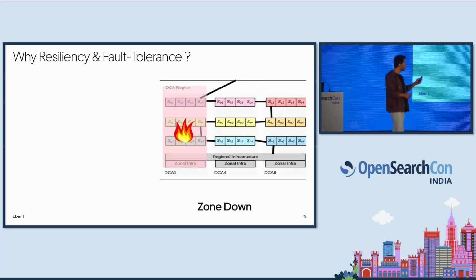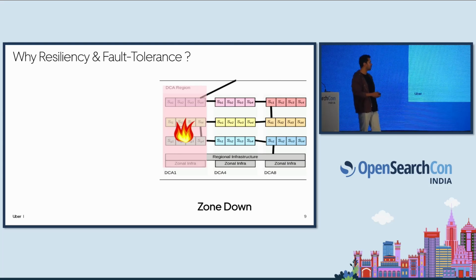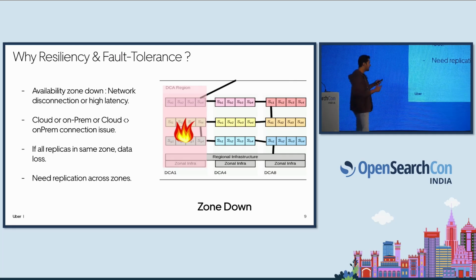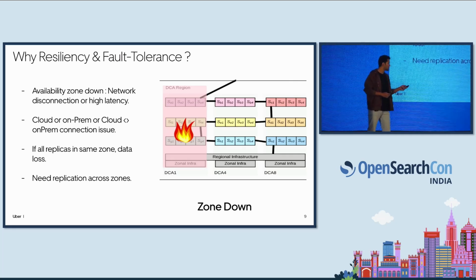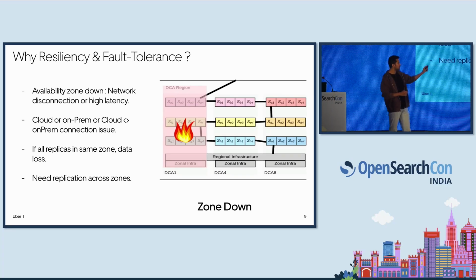So you could have a case where a single availability zone is in a different cloud provider, and then another availability zone can be either part of an on-prem infra or a different cloud provider, which means that your zone could lose connectivity to the other zone, which could bring down your cluster, which means that to deal with these scenarios, you always want to make sure that if you're dealing with a regional infrastructure, you have sufficient redundancy across these availability zones so that in the case of failure, no matter what indexes or shards you have, you can always either come out of it as quickly as possible with the least data loss that you can give.